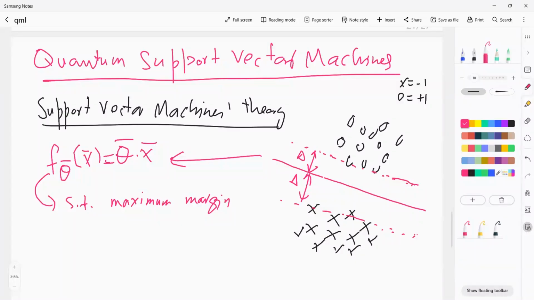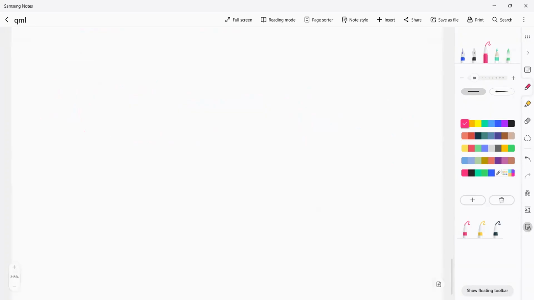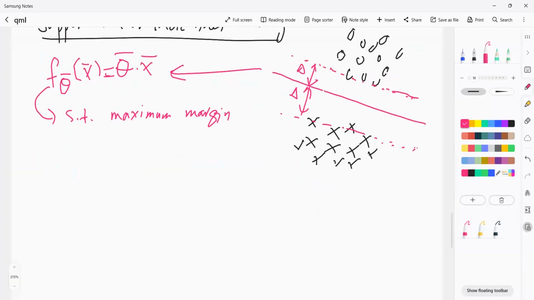That is, it's maximally far away from the data sets on both sides. Okay, so let's see what is the cost function that we have to minimize to find this plane that separates the data points.